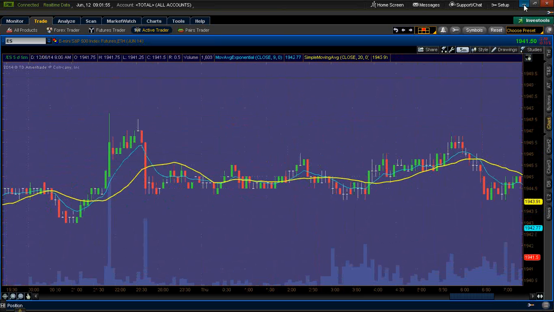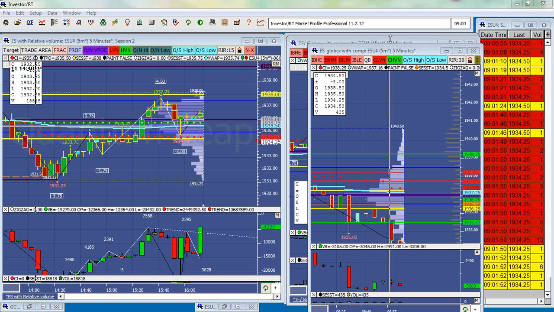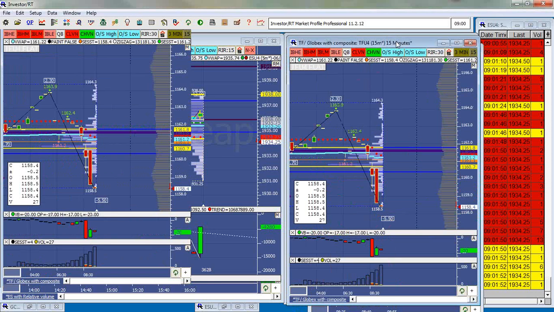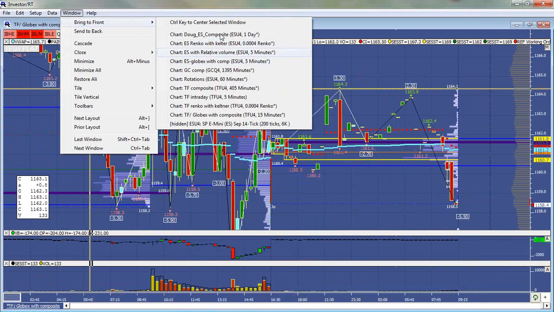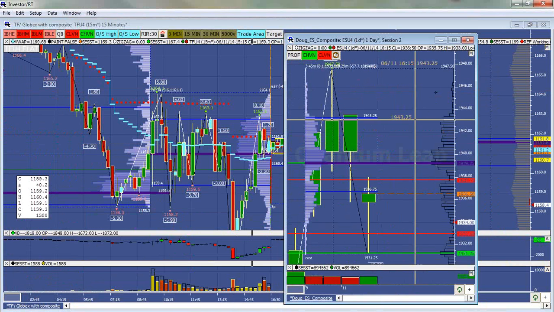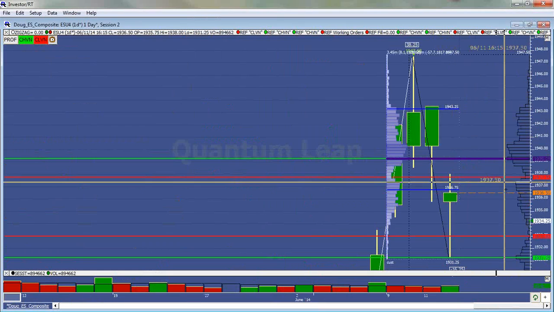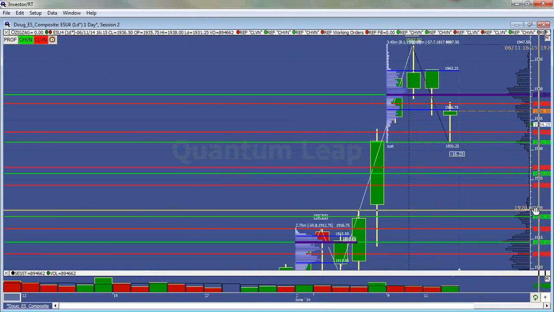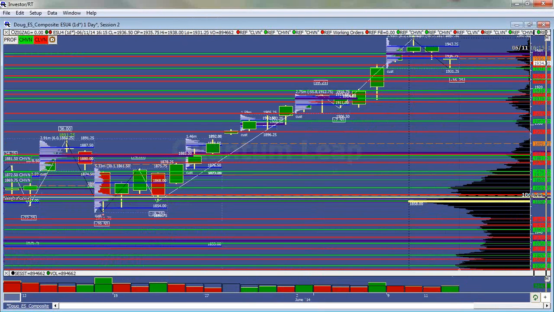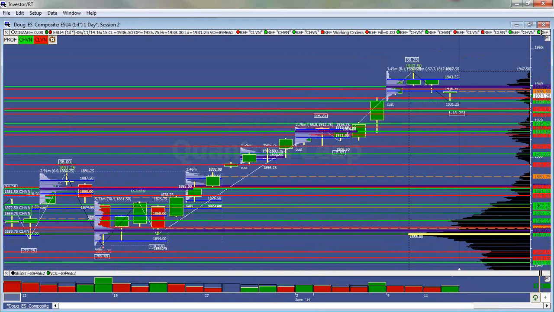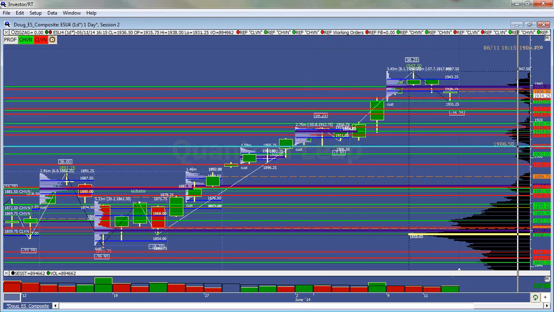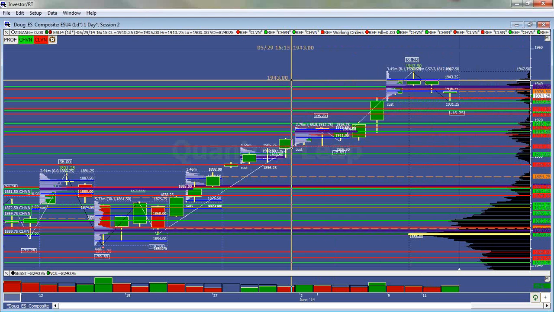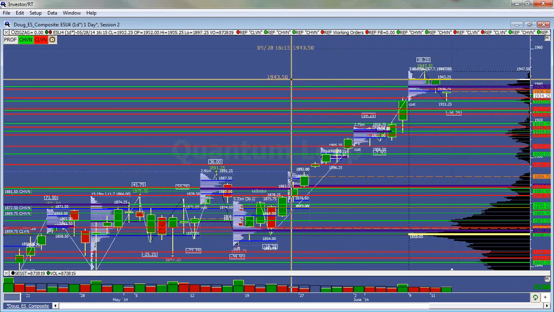All right, so let's take a look at the big picture on the composite. Not the ES, not the Russell, we want the ES. Nothing really changes in terms of the market structure when we do a rollover. You still have volume at price and the same structure, just everything gets adjusted by the spread between the two contracts.